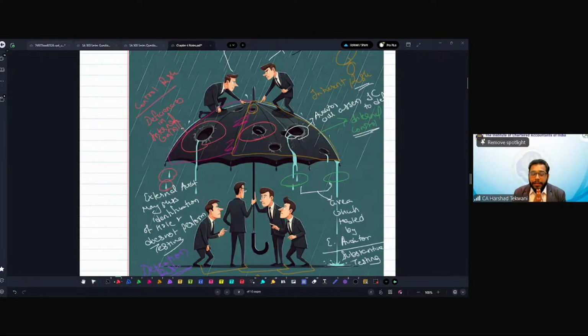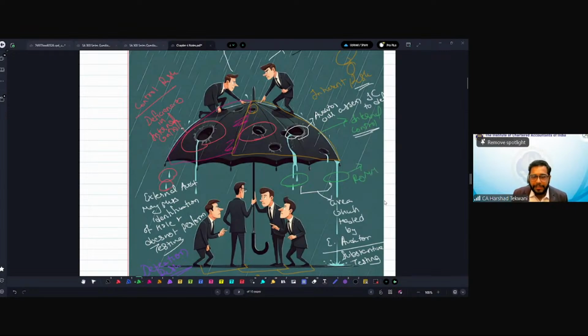It means the risk that the water will flow through the umbrella. Remember, whatever risk is left, whatever chance of water flowing through that umbrella, which the auditor will test, is nothing but the risk of material misstatement.